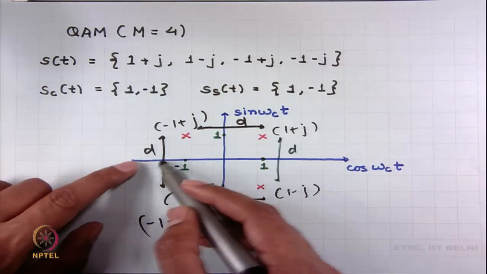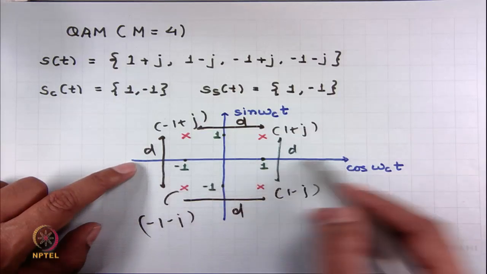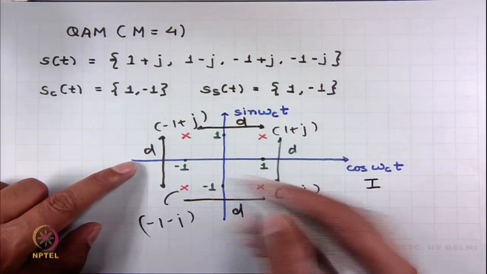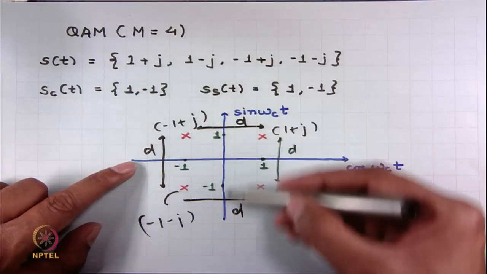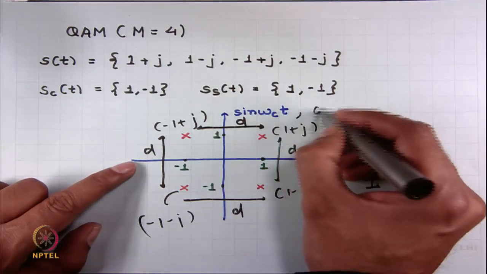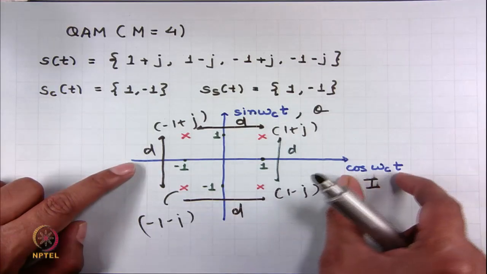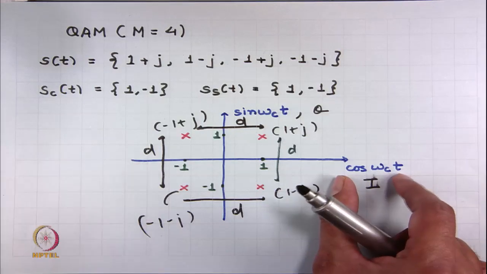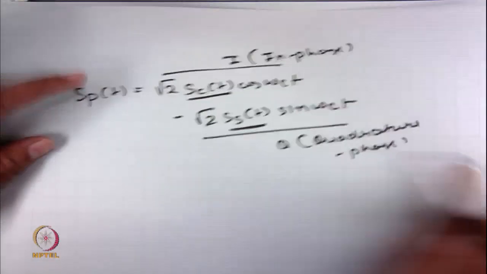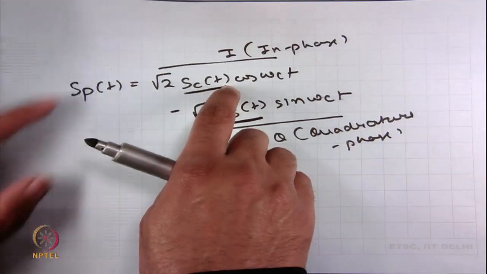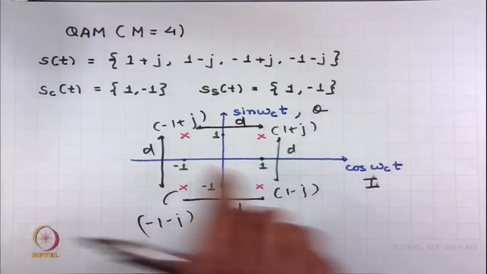So, here I am drawing two orthogonal axes, one along cos ω_c t, which corresponds to I channel, and one along sin ω_c t, which corresponds to Q channel. And then this I channel or cos ω_c t is modulated by s_c(t), and s_c(t) can take two amplitude levels, 1 or minus 1.